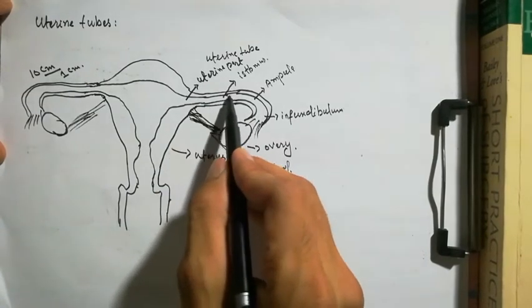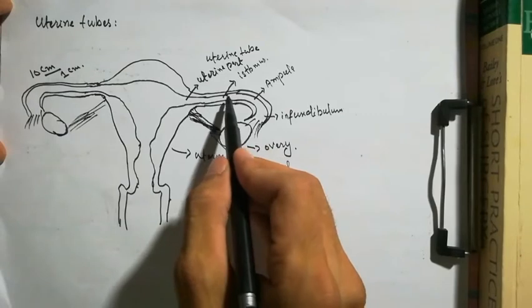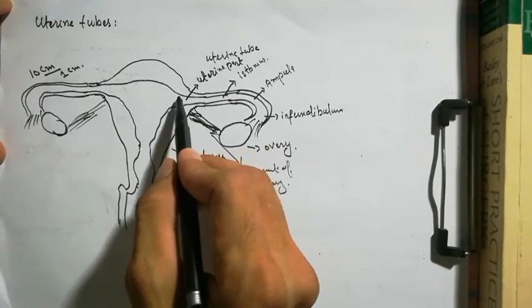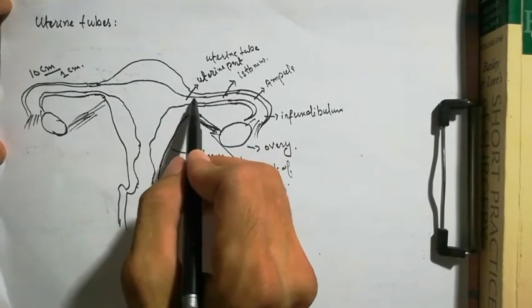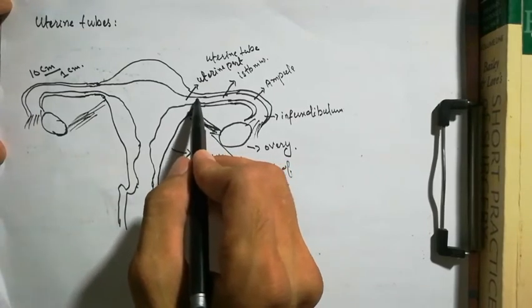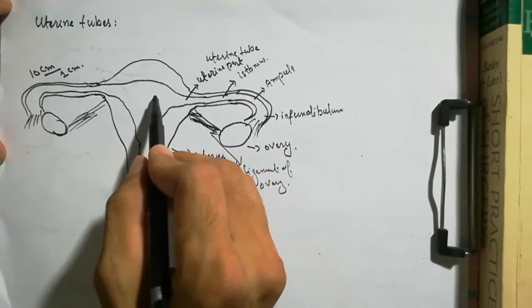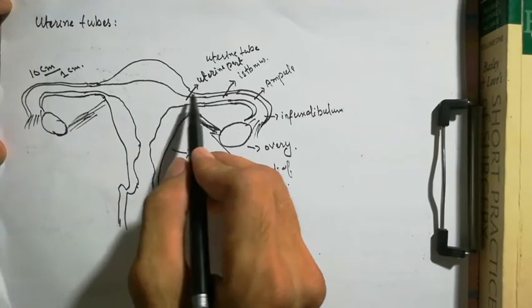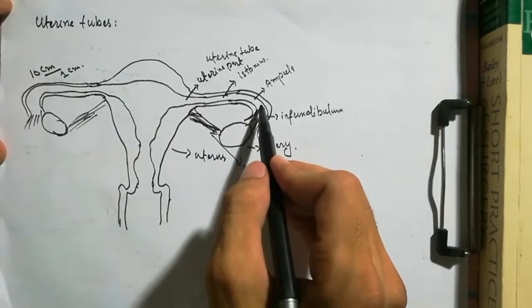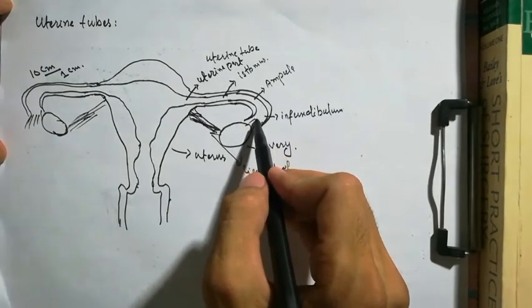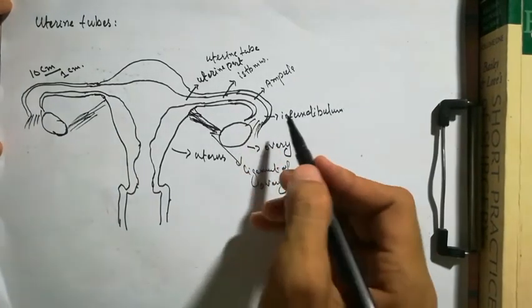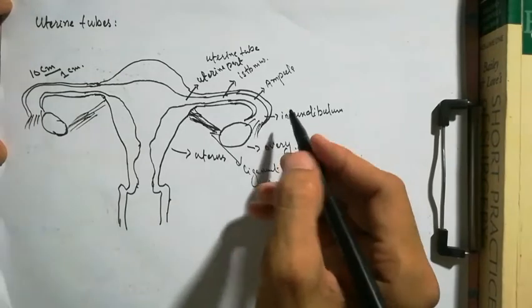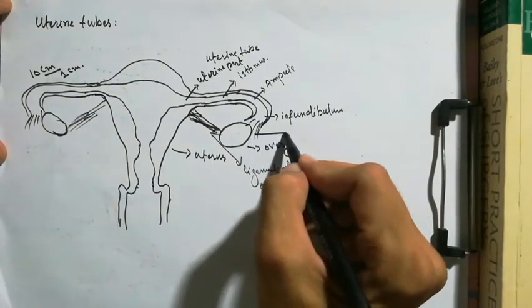This is lumen of the uterine tube. On one side, lumen of uterine tube is continuous with lumen of uterus, and at the other end, lumen of uterine tube is continuous with peritoneal cavity. Here is peritoneal cavity.